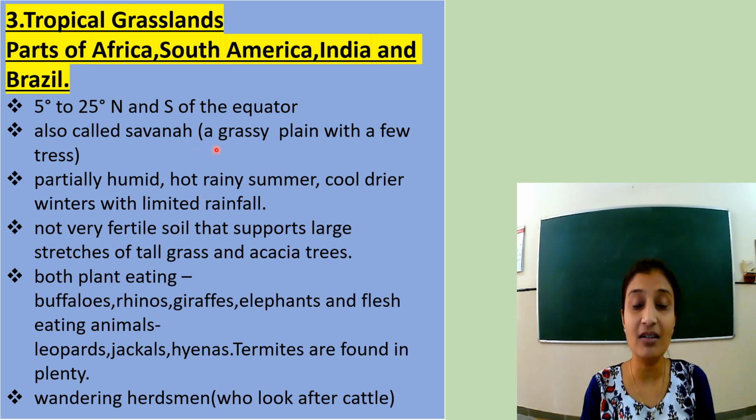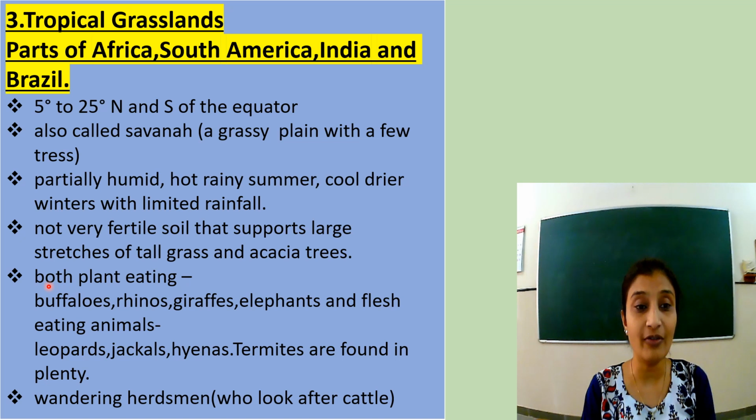Savanna means a grassy plain with a few trees. The climate here is partially humid, with hot rainy summers and cool drier winters with less rainfall. The soil here is not very fertile. It does not support large stretches of tall grass and acacia trees.